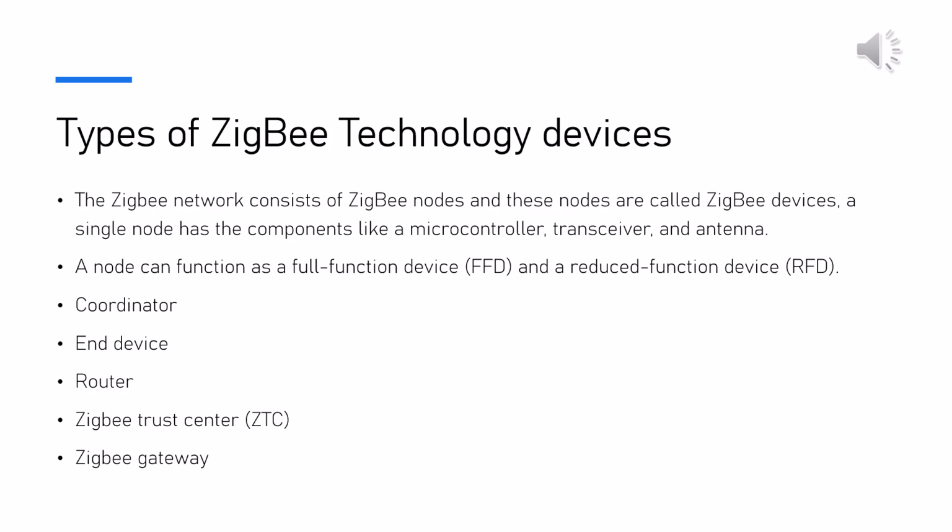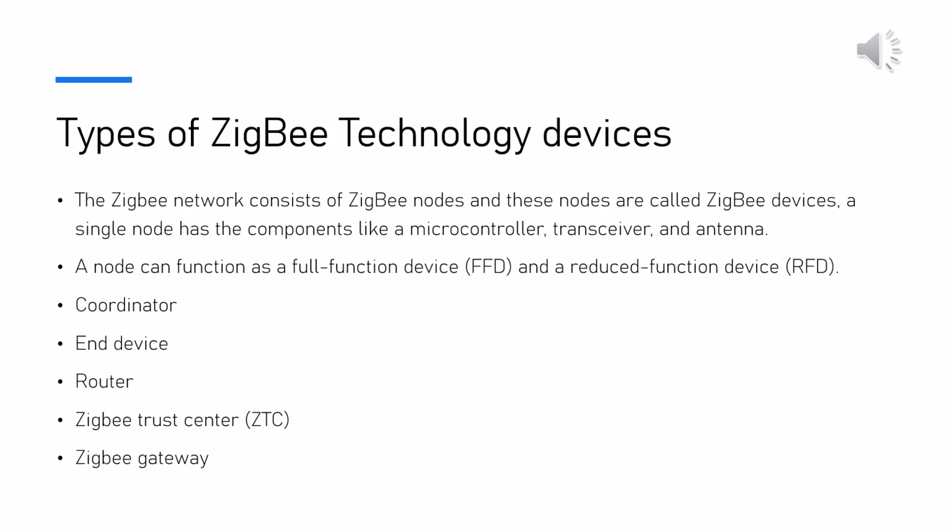Next is the end device. The end device might be a reduced function device which has minimal function and a small transition time. This end device works on joining a network and leaving a network. Next is the router, a full function device mostly used in mesh and tree topologies to enhance the network coverage.